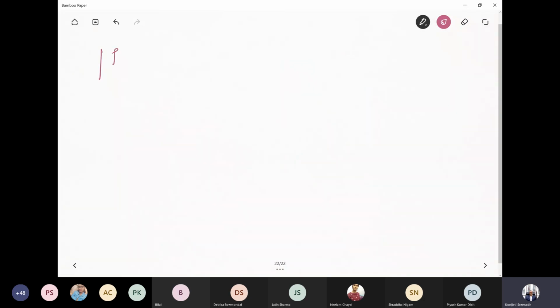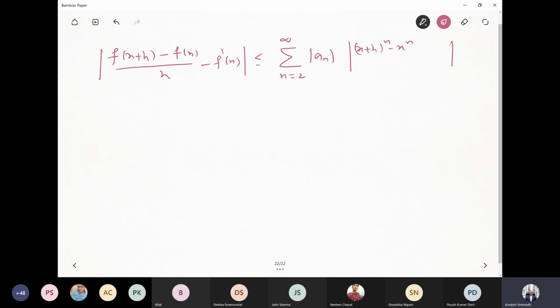So that is |(f(x + h) - f(x))/h - f'(x)|, and this is going to be less than or equal to the series n equals 2 to infinity of |a_n| times the factor, (x + h)^n - x^n - n x^(n-1) h, all over h.